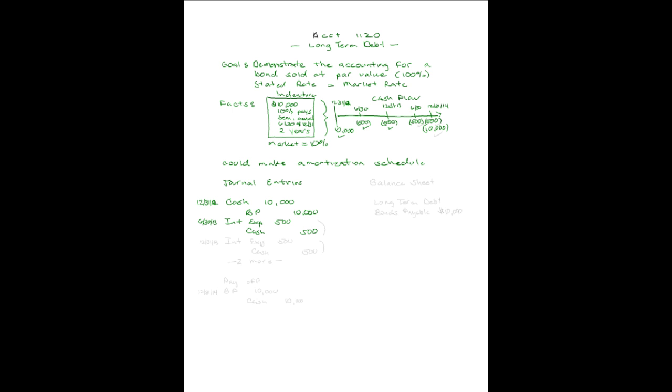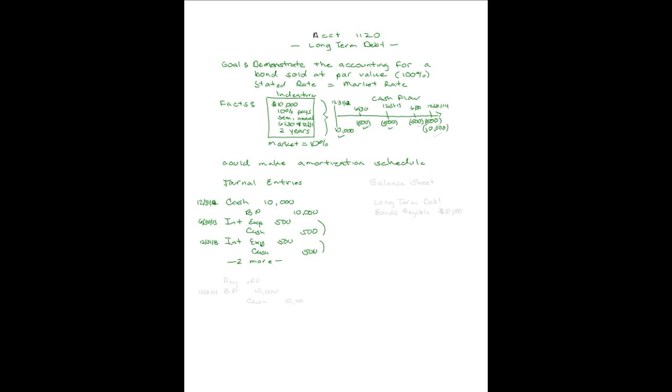On 12/31, you would make another interest payment, interest expense and cash, $500. I'm not going to keep doing that because I think it'll make you crazy. So you would make 2 more of these, exact same entries.